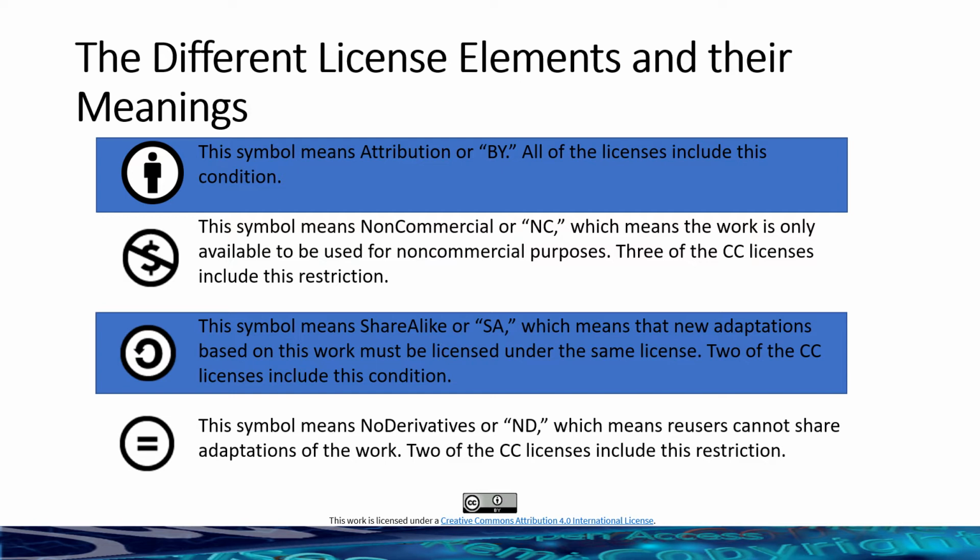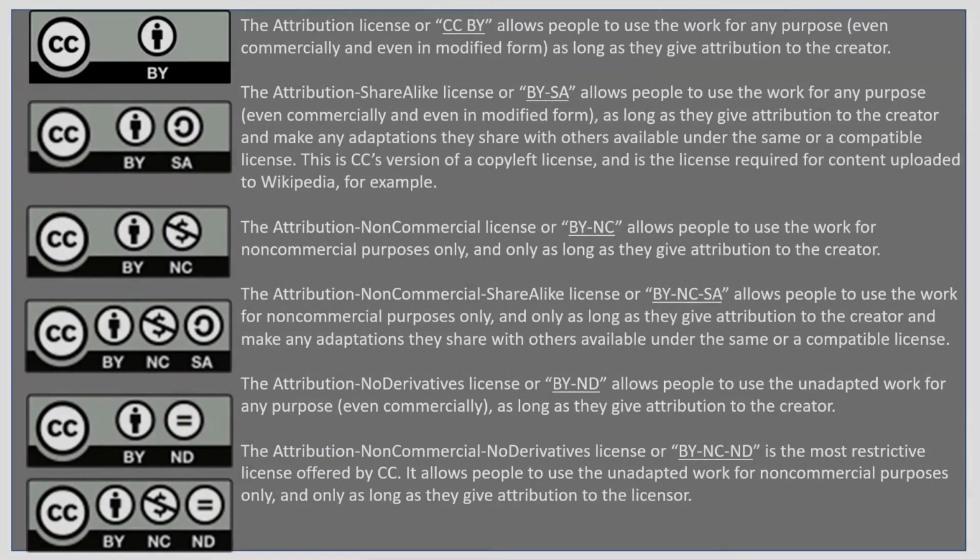So these 4 symbols in different equations or different formulas give us the next step of the spectrum of Creative Commons licenses, which can be seen here. On this page, the very top is probably the least restrictive, and at the very bottom is the most restrictive license type.